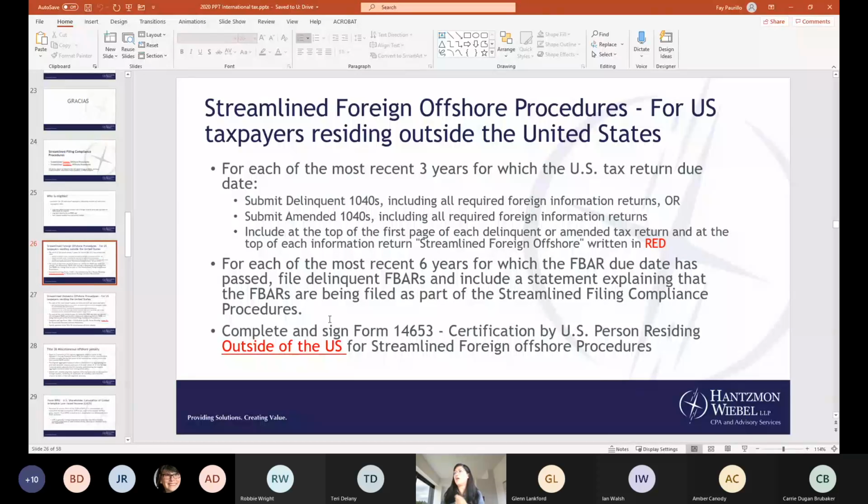So the first one I'm going to talk about is the foreign offshore procedures. This is for U.S. taxpayers residing outside the United States. I'm going to give you a quick example so you can imagine the situation. We had a client, a lady who is a U.S. citizen, but at maybe 20 years old, she moved to, I can't remember, Belgium or Germany.